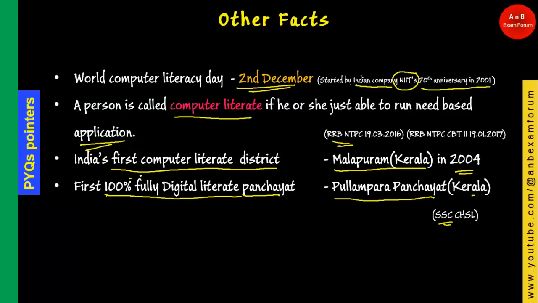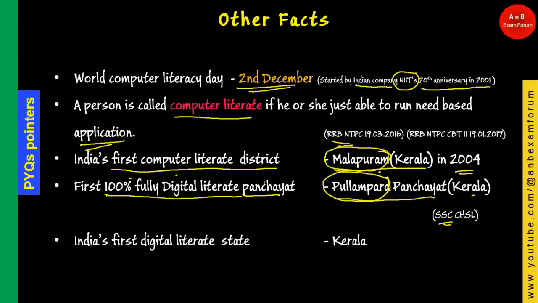The first computer literate district is Mallapuram in Kerala, whereas the first 100% digital literate panchayat is Pullampara Panchayat in Kerala. And if you talk about the first digital literate state, it is Kerala. So Kerala has led in computer literacy.